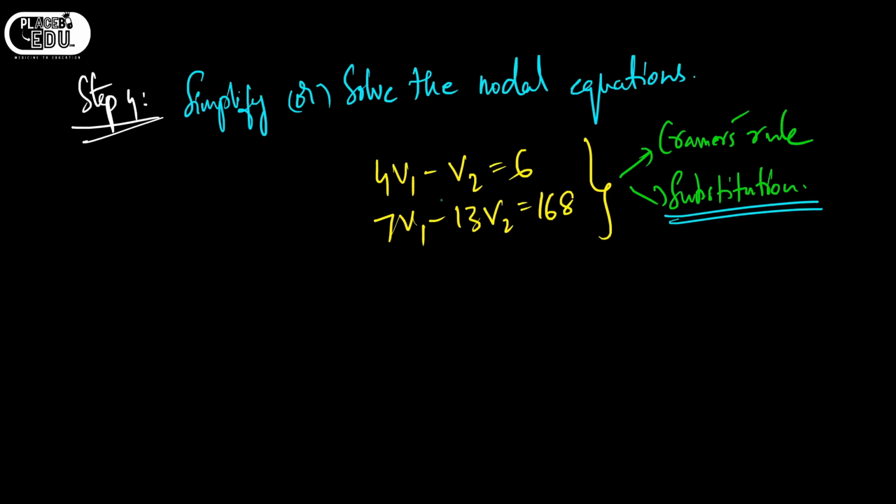So considering these equations, see here we have 13 here. If I multiply the equation 1 by 13, I can easily eliminate V2 so that I will be left with V1.